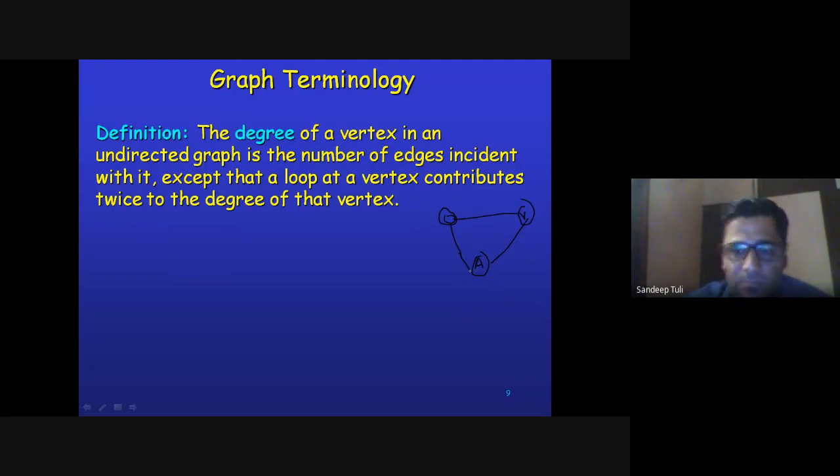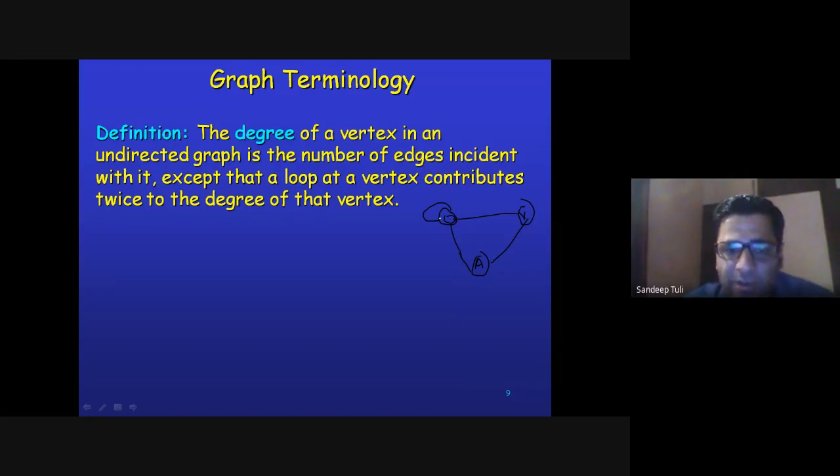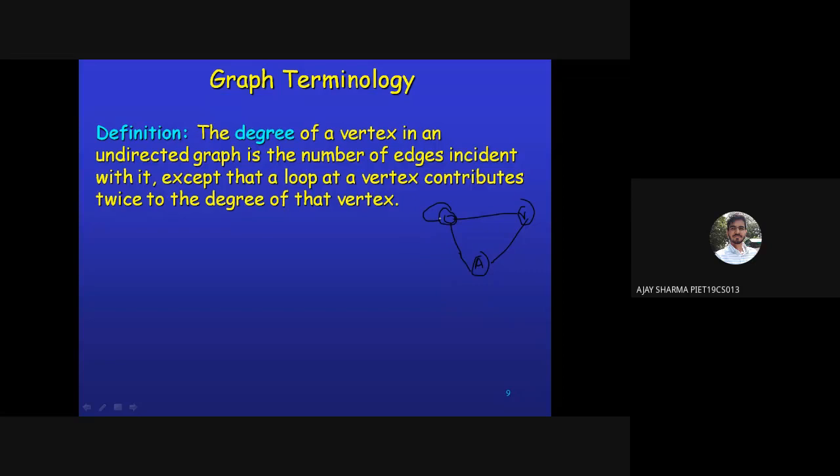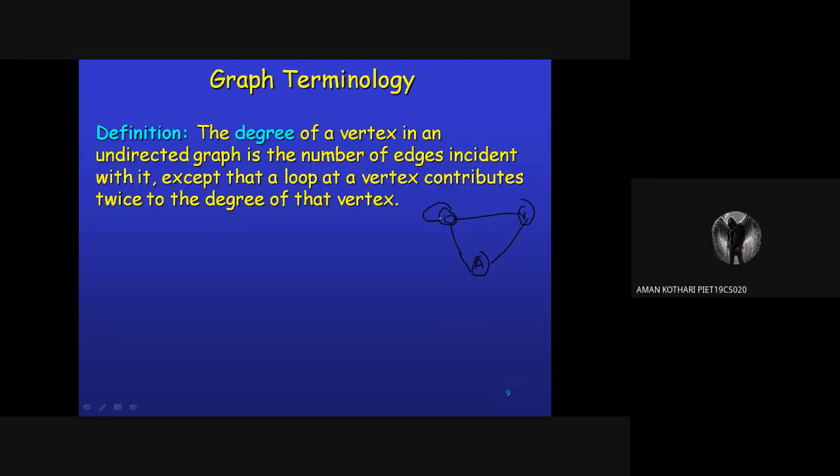Now tell me, what if there is a loop? There will be twice the edges. So what could be the degree of O now? 4.